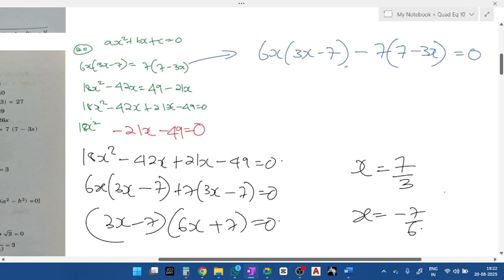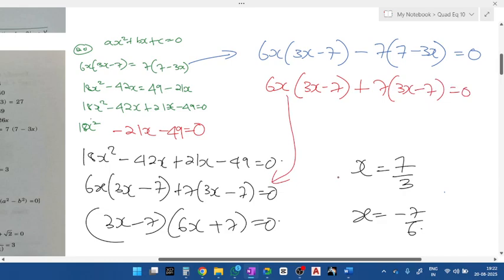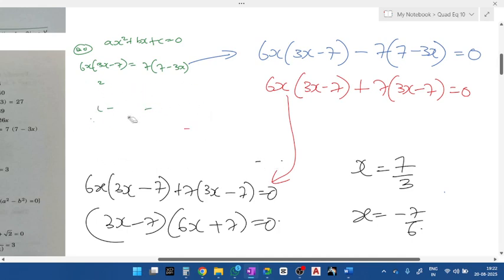What has to be done? Signs to be same. What do you get? 3x minus 7. Can you see we directly got this step? So do you think factorization is required here? All this is not required. Okay, so this is the step. We could have directly written it like this.